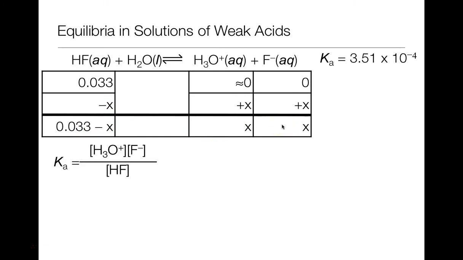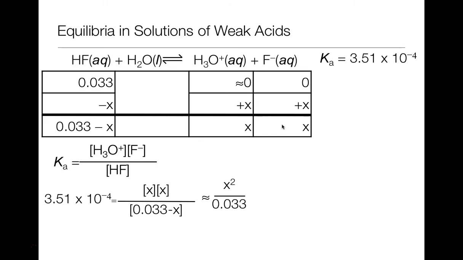Set up our Ka. We know what the Ka is equal to, so now we're left with this expression. And what we'll do first is make our assumption. Our assumption, again, is that the amount dissociated from the HF is so small that essentially the concentration of HF remains constant. So that was our first reasonable assumption.